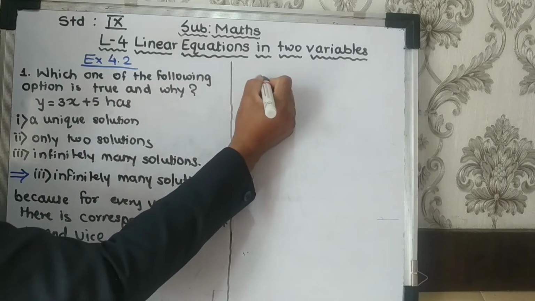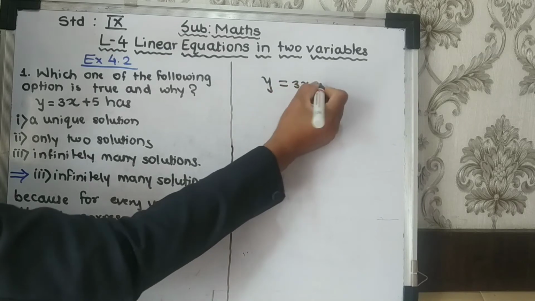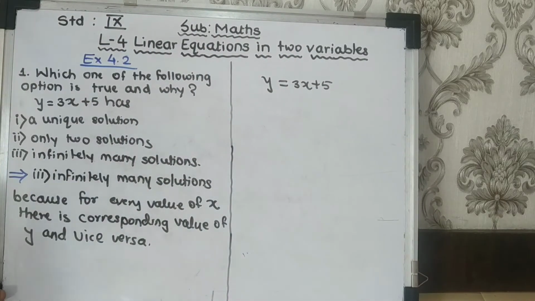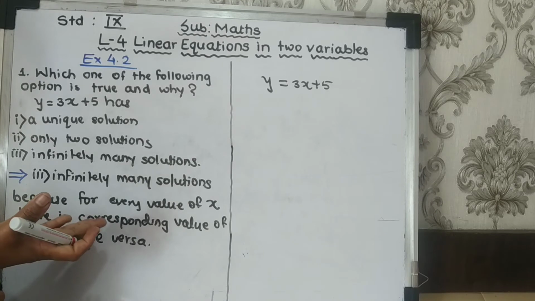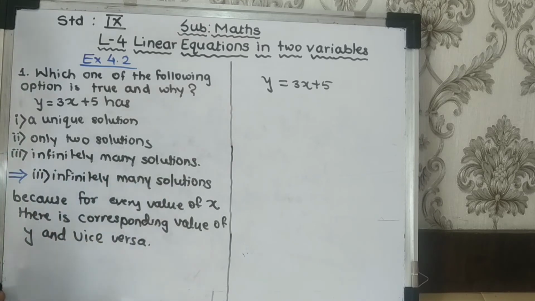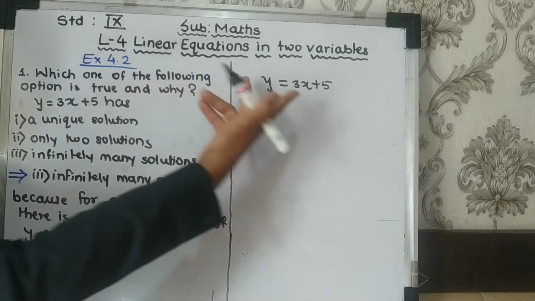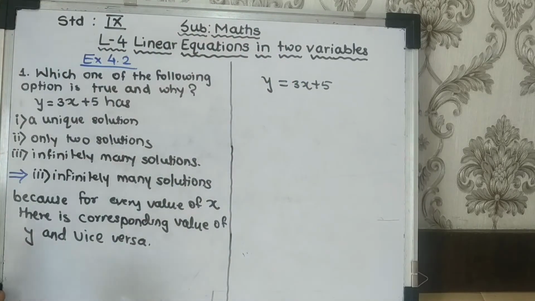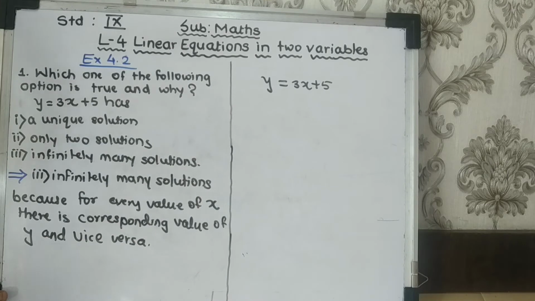Let us see one more time. y equals 3x plus 5. Suppose we are just going to find out whether we have infinitely many solutions or not. As we have two variables, it is confirmed. It is a linear equation in two variables. We have seen it has infinitely many solutions.